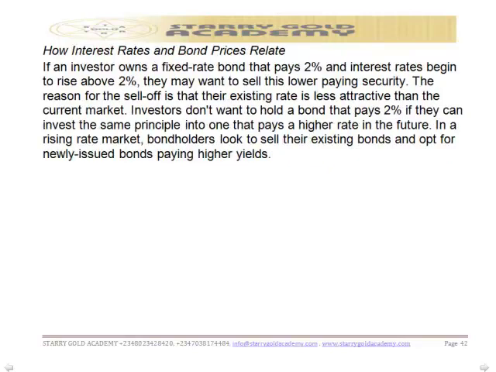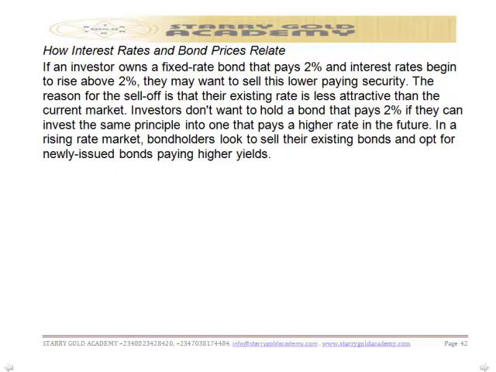If an investor owns a fixed rate bond that pays 2% and interest rate begins to rise above 2%, they may want to sell this lower paying security, understand, for them to be able to get the higher rate in the market. The reason for the sell-off is that their existing rate is less attractive than the current market.